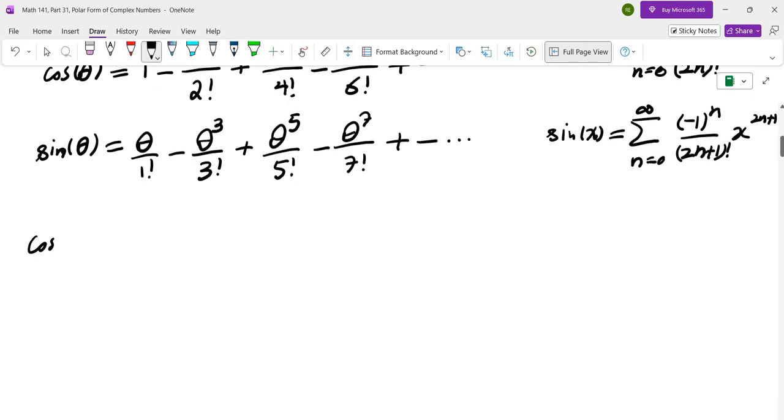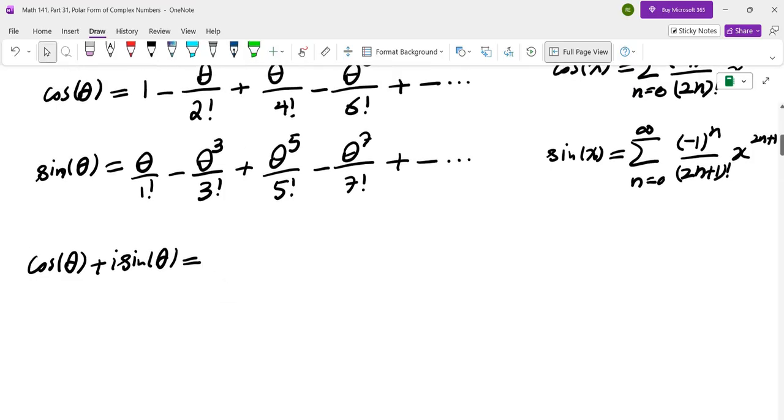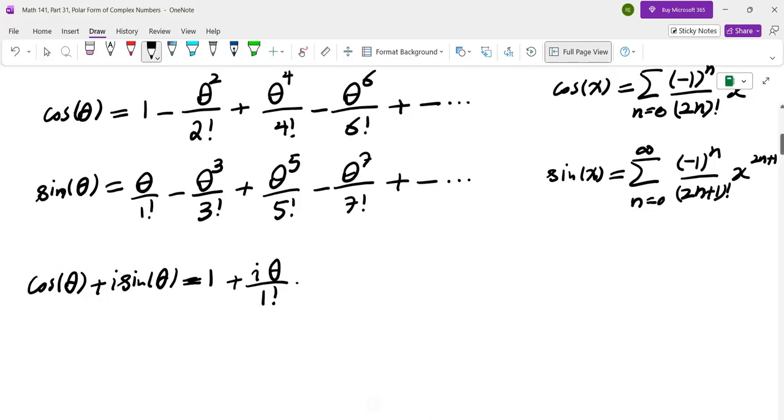Now let's evaluate cosine of theta plus i sine of theta and see what we get. Well, the first term is the constant term, that is 1. The linear term comes from sine, so that is plus i theta over 1!. The quadratic term comes from cosine, so that's minus theta squared over 2!.